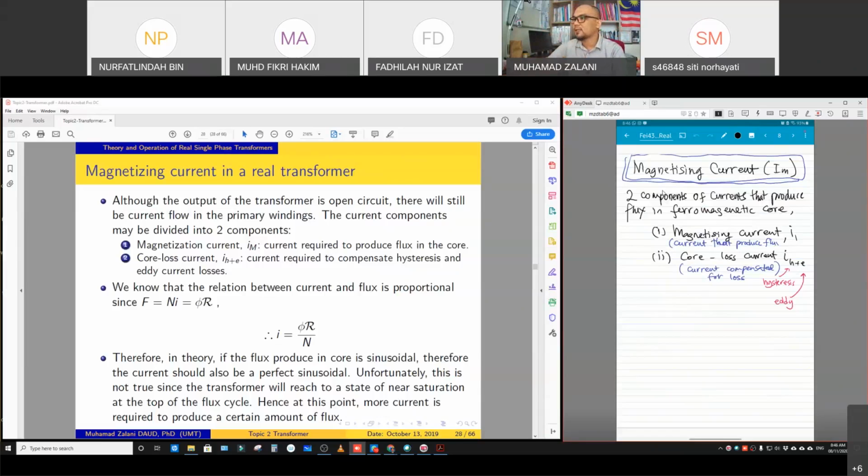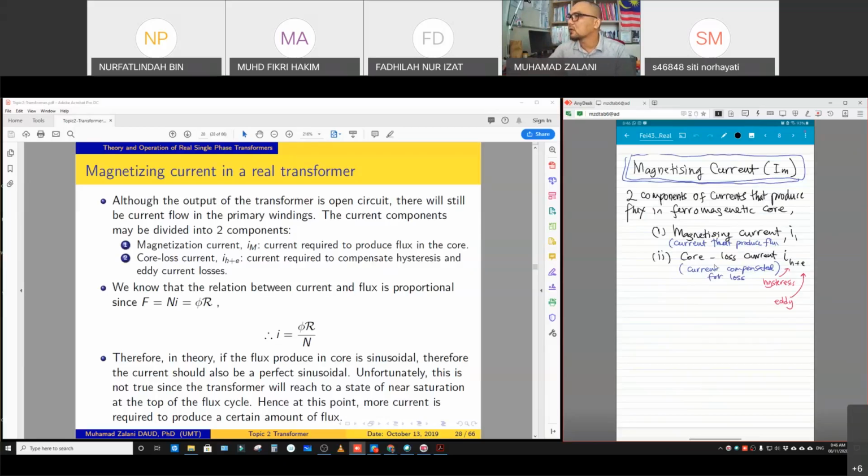But it is not only the magnetizing current that we are supplying, because we have to consider another current, which is Ih plus e, which refers to the current due to hysteresis and eddy current. So this current is actually the core loss current.